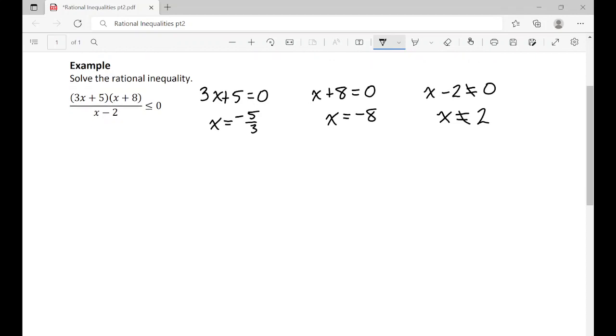So we're going to draw a graph that contains these three and test for what's true and what's not. Putting them in order from smallest to largest: negative 8, negative 5/3, and positive 2, and I'm going to put a not equal to here just to remind myself that it cannot be 2.